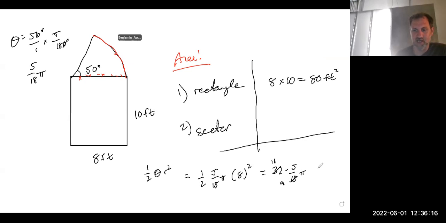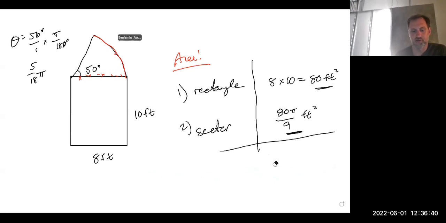So this is looking like 80/9 pi. So basically I've got 80 square feet for the rectangle and 80/9 pi square feet for the sector. So I just add them together, and again, we'll come up with our estimate.